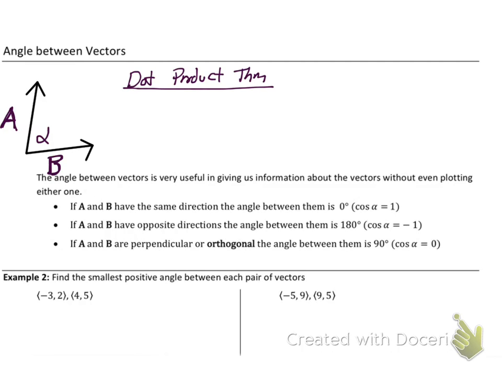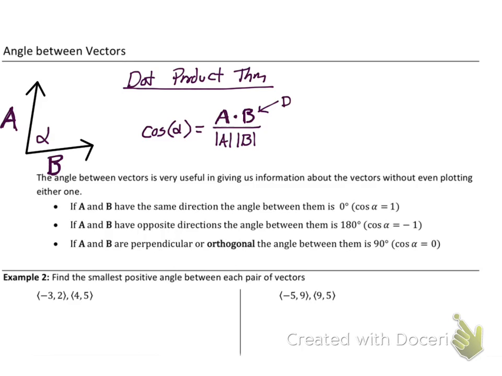And what the dot product theorem says is if I take the cosine of alpha, that's going to equal the dot product of A times B over the magnitude of A times the magnitude of B. So I'm going to put that down.